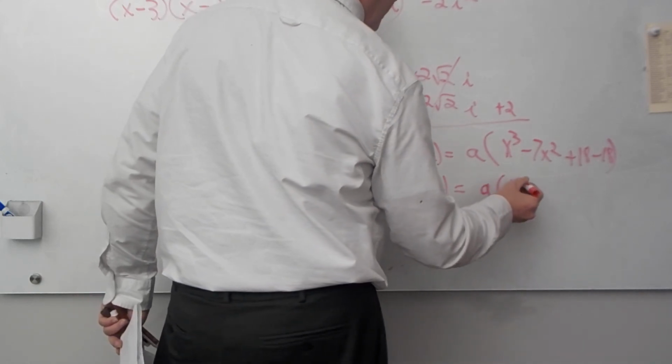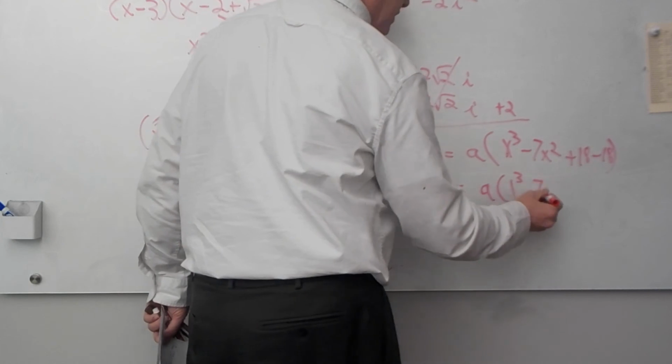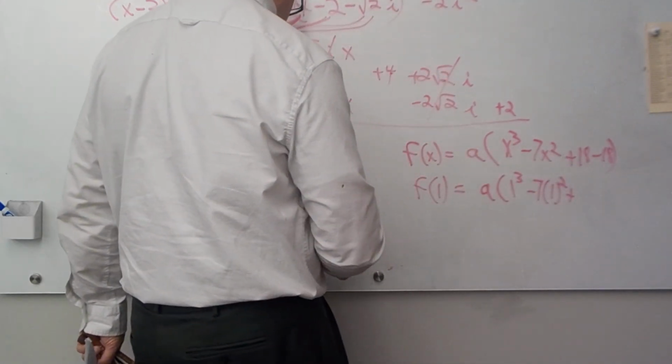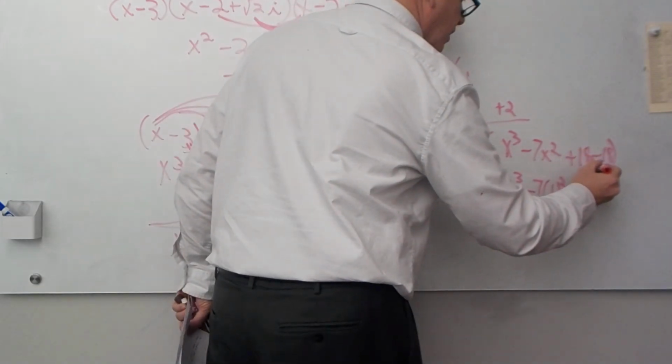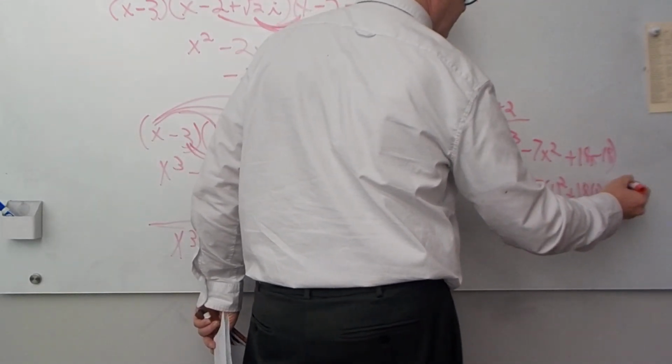Let me put a 1 in place of all the x's. 1 cubed minus 7 times 1 squared. That's a, did I forget an x? Yep, I did. Plus 18 times 1 minus 18.